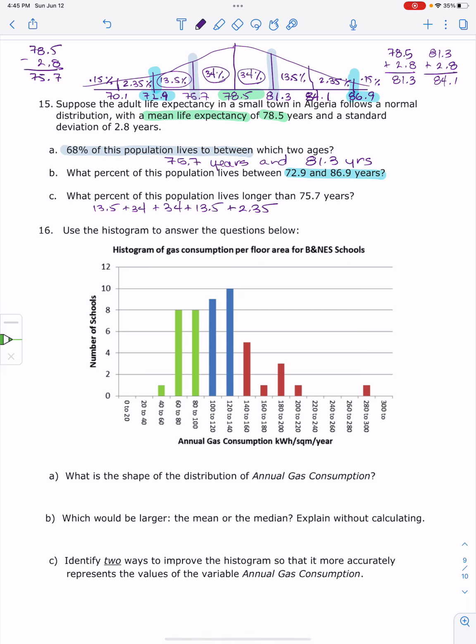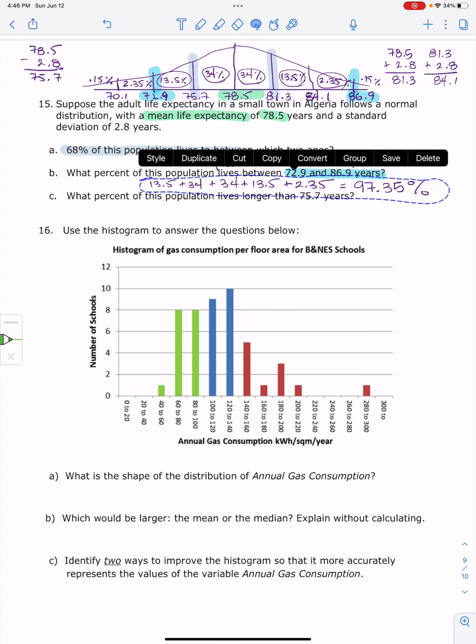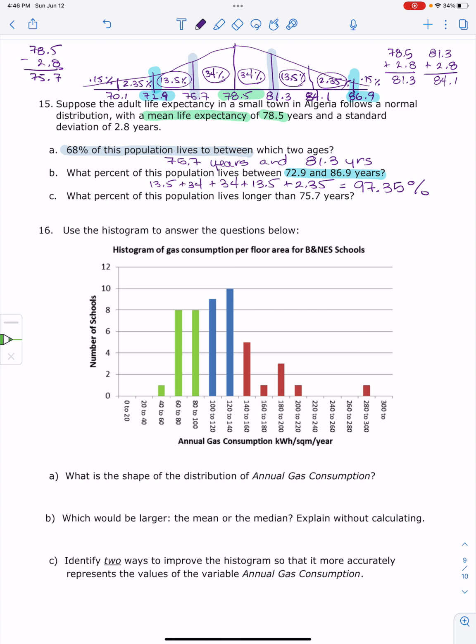So everything between those two values. When I add those together, I get 97.35%. Oops, I wrote that in the wrong place. So I am going to just move it up. Not a whole lot of space here, I apologize.